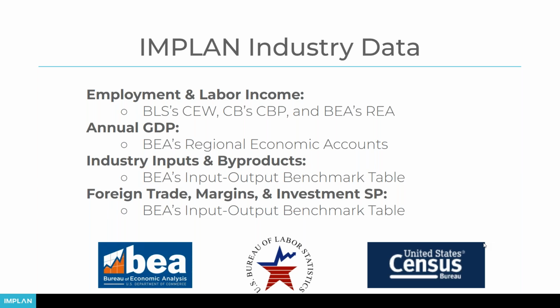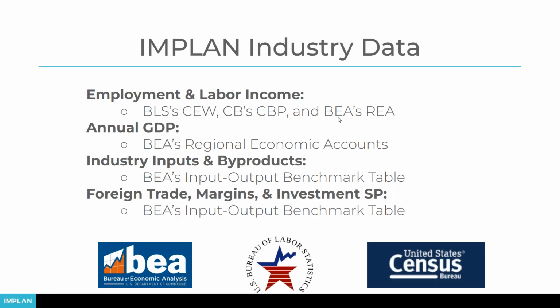We also use the regional economic accounts to get the annual GDP, of which labor income is a part. Then we use the BEA's input-output benchmark table, the one that I just referenced, to get all of the industry inputs, to figure out what are all the goods and services that those industries need to produce their product, and also what products they produce, which is known as their byproducts.